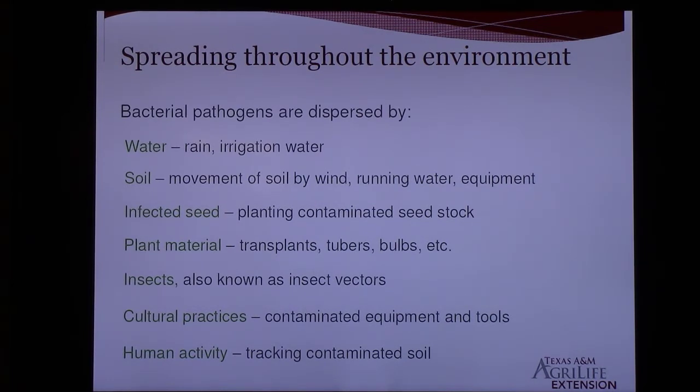We can transmit bacteria through infected plant material from insects. Insects serve as vectors. We've talked about some of those cultural practices like contaminated tools, and then even through our own, unknowingly we walk through, and maybe as we're walking through our garden, we're walking through some of this infected plant material. Maybe we get some transfer onto our shoes.